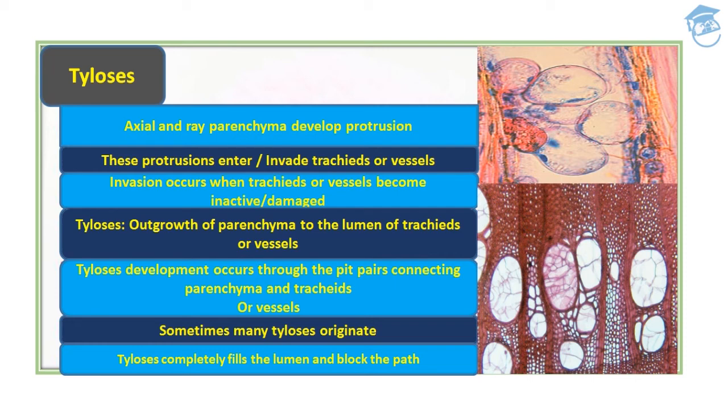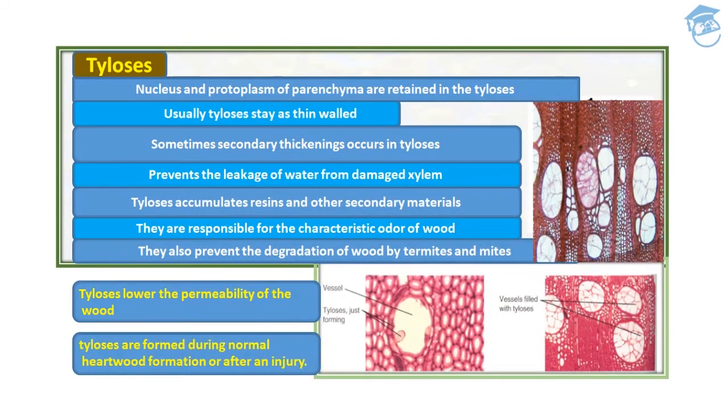Tyloses somewhat look like this, balloon like. The nucleus and protoplasm of the parenchyma are retained in tyloses. Usually tyloses stay very thin walled, as you can see.